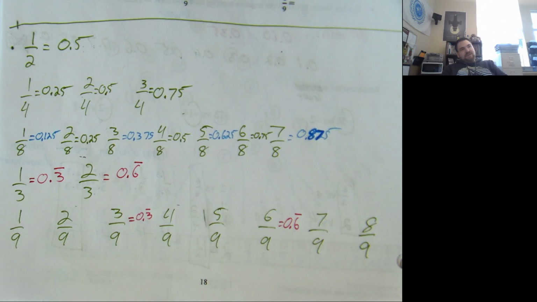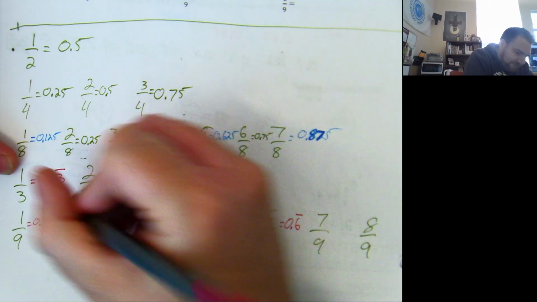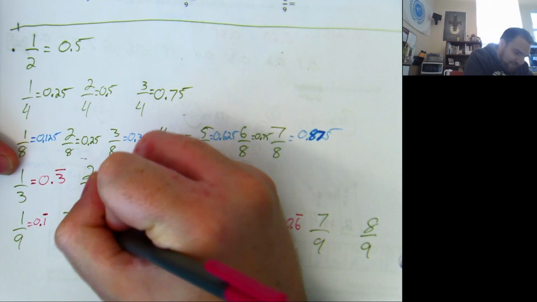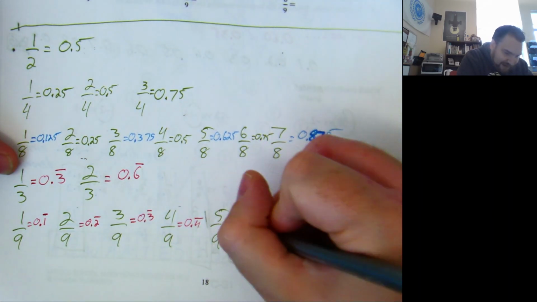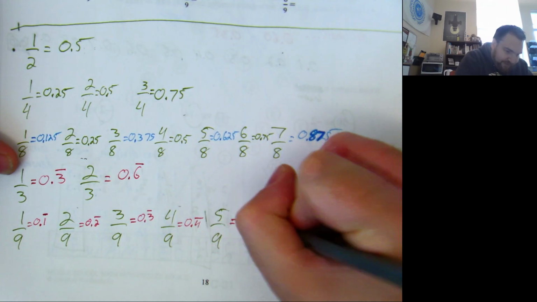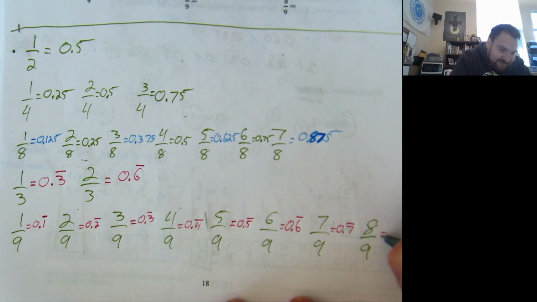Anyone want to take a guess at what the rest of them are going to look like? That's the pattern. Every single one of the 9ths is just the numerator repeated. 1/9 is 0.1 repeating. 2/9, 0.2 repeating. 4/9, 0.4 repeating. 5/9, 0.5 repeating. 7/9, 0.7 repeating. 8/9, 0.8 repeating.